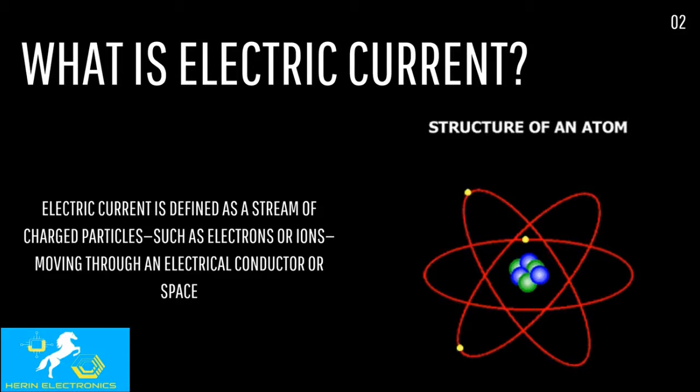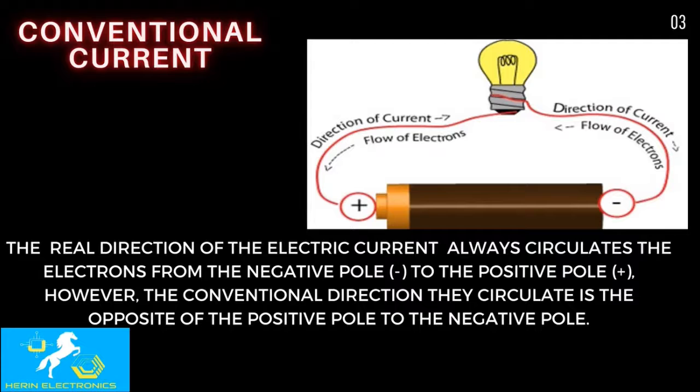Consider a power supply and an output in a closed loop. Here we consider the battery as a power supply having two terminals and a bulb as the output. Whenever the power supply is given, a potential difference is created across the two ends of the battery. This makes the electrons move. The flow of electrons will be from the negative terminal to the positive terminal, so we call this the electron flow.